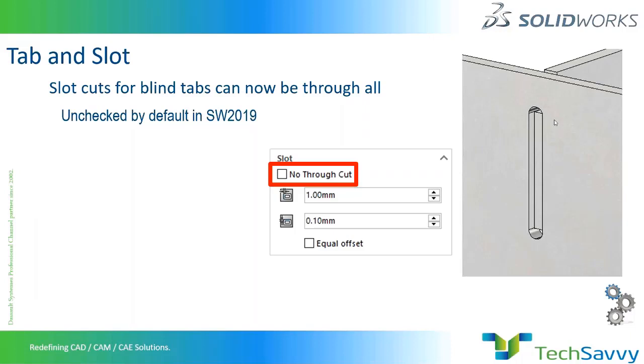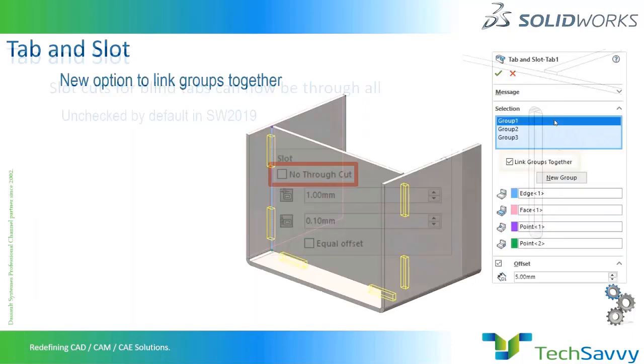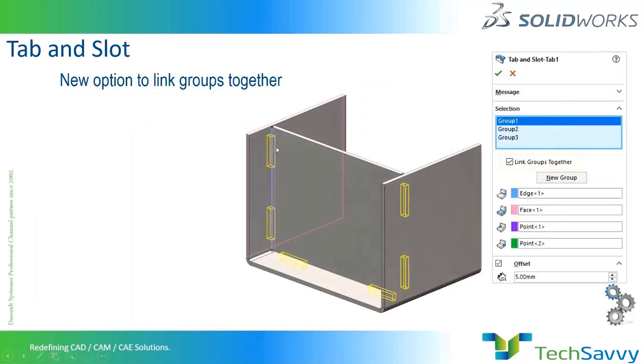But now in SolidWorks 2018 onwards, we have a tab and slot feature which will help me handle all these areas. Just for the sake of example, I have this U channel, and inside that U channel I need to fit this plate. So now I can easily use the tab and slot feature, and according to my need, I can guide this vertical plate inside this U channel very easily.